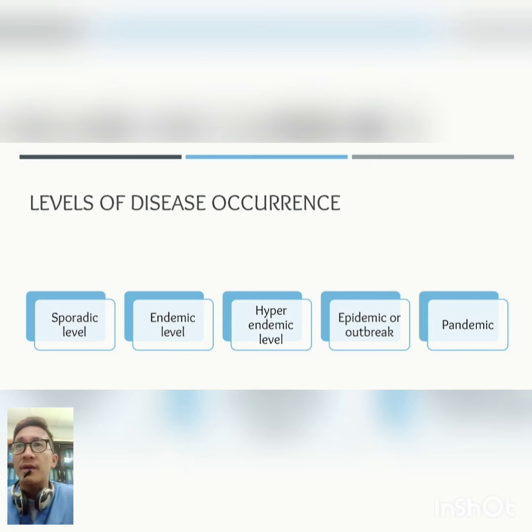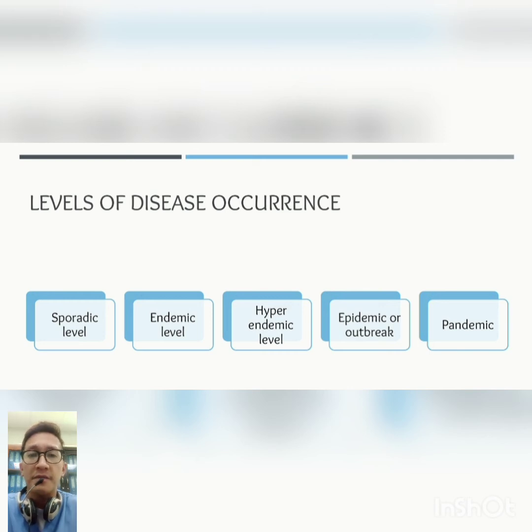Let's say, for example, malaria is always present or is considered endemic in certain countries and regions. Other examples of your endemic diseases is we have your influenza, malaria, and your HIV. So these diseases are constantly present in a population within a particular region.